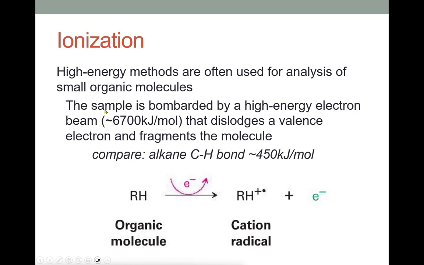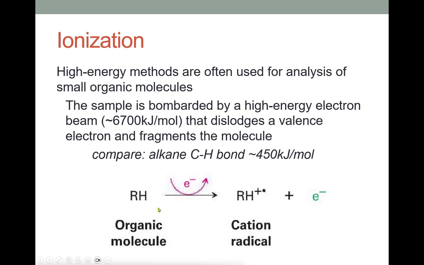And so we talk about something like this, several thousand kilojoules per mole. We know from our earlier studies that the strength of a typical carbon-hydrogen bond is about 400 kilojoules per mole. And so this beam is more than powerful enough to break off an electron, to potentially fragment the molecule into pieces by breaking a C-C or a C-H bond.